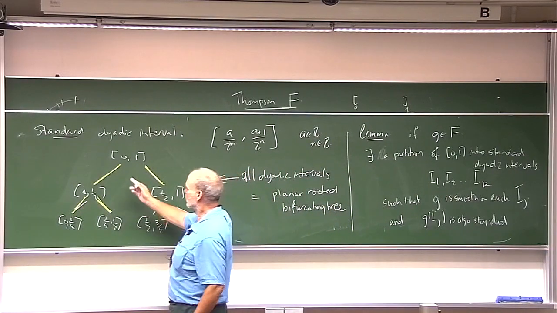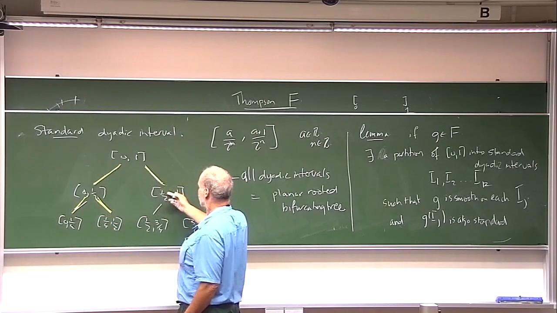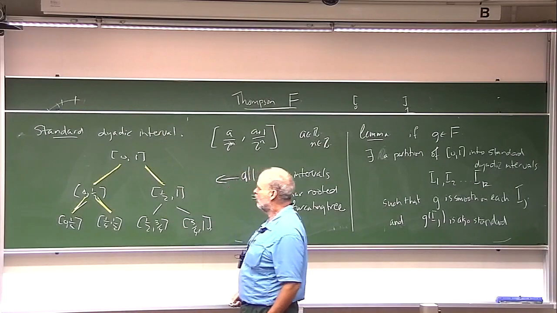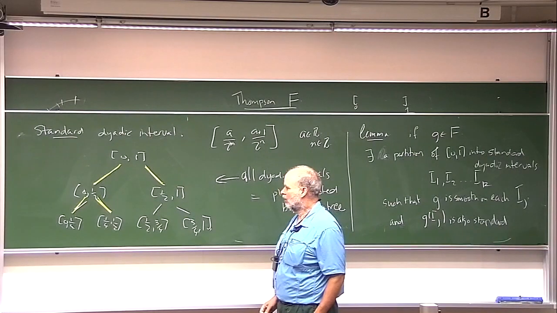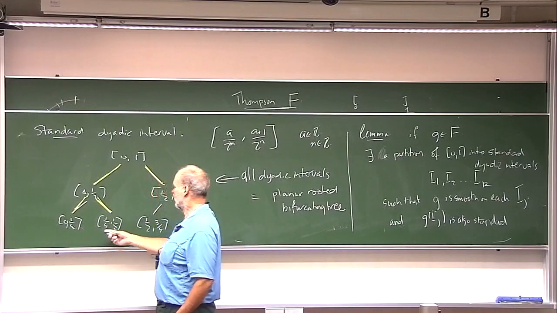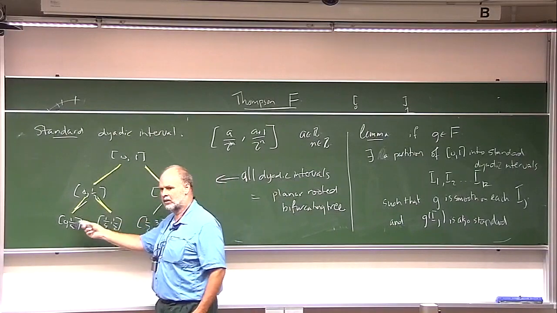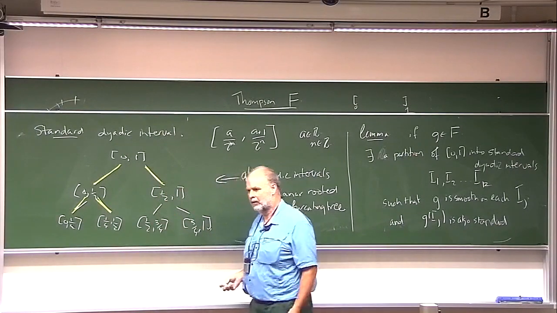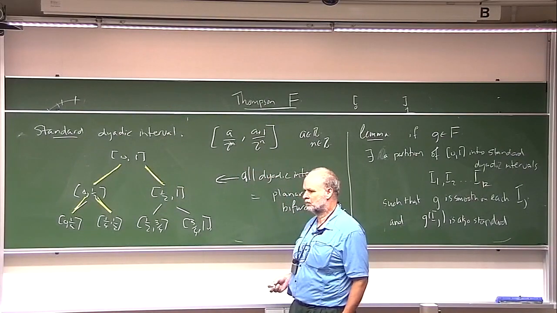Full means that if it keeps on going, it bifurcates. So if it doesn't bifurcate, it has to stop there. So what's the corresponding partition into dyadic intervals? Well, it's [0, 1/4], [1/4, 1/2], and [1/2, 1]. So we have a subtree, and by taking the leaves of that tree, you get by definition a partition of the unit interval into standard dyadic intervals, and obviously vice versa.